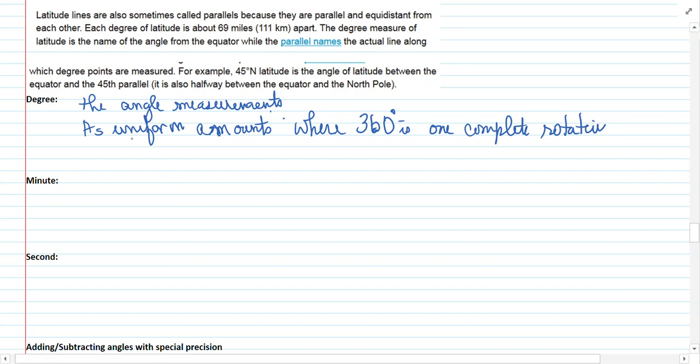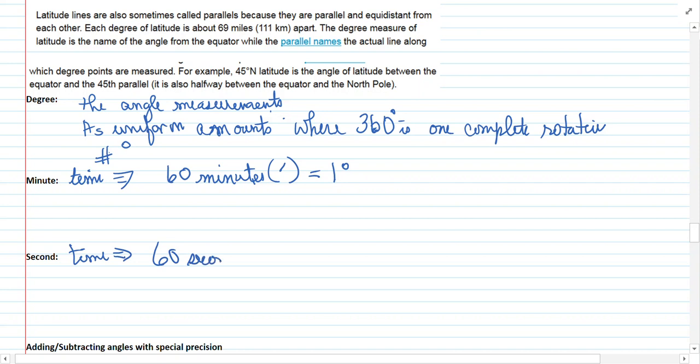And we have this notation, the little zero above the number. Minute, like in time, 60 minutes, and that's that 1 hyphen equals 1 degree. And like in time, also, 60 seconds, and that's a double, equal 1 minute.